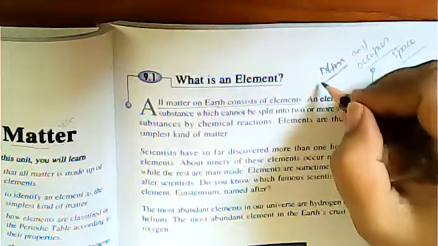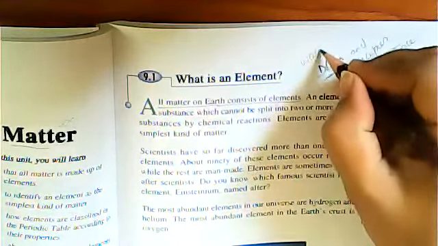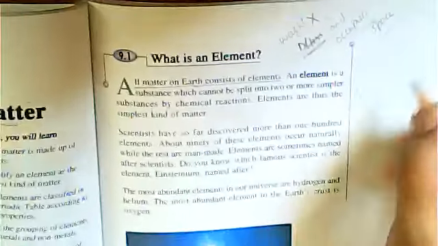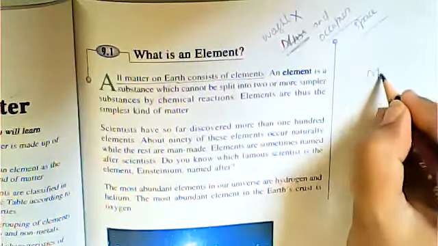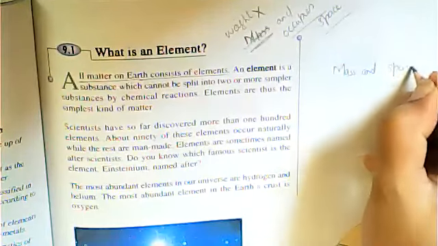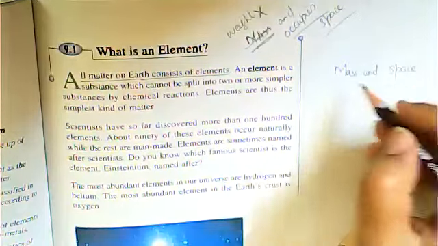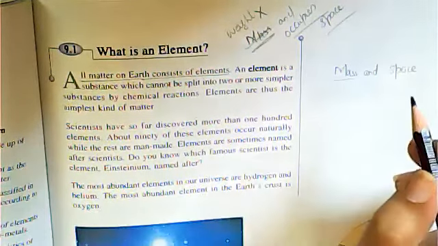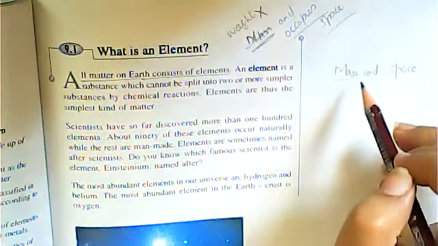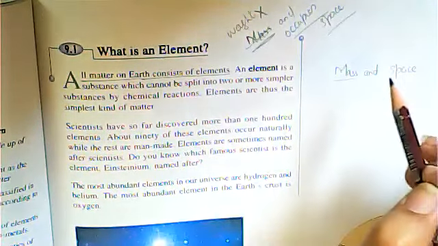If you write weight instead of mass, the definition will be wrong. The correct definition of matter is that it has mass and occupies some space. Weight and mass are different things.